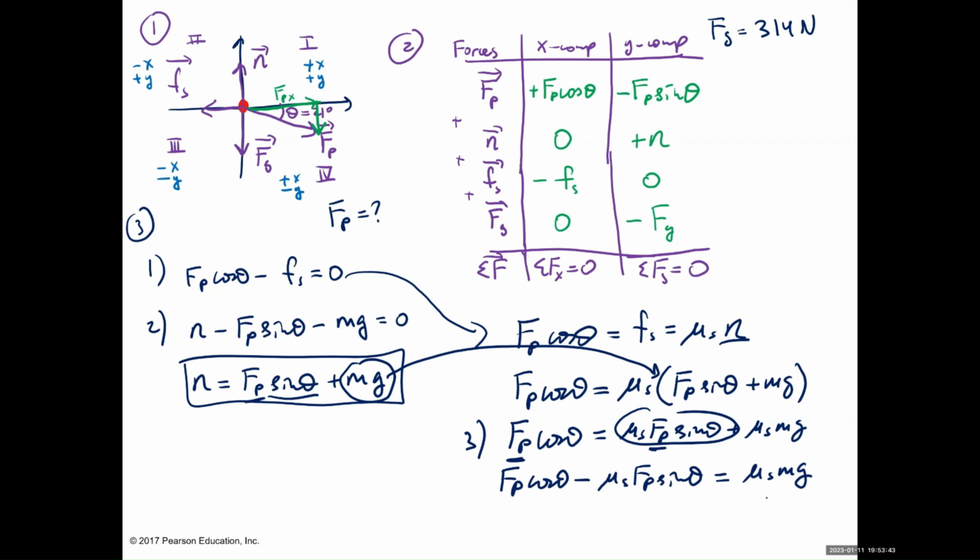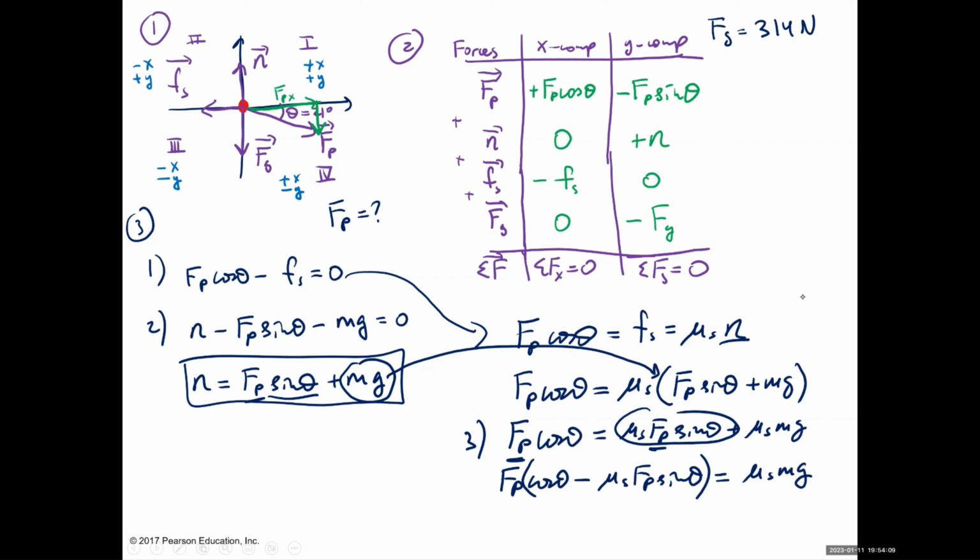All right. Okay, so the next step is, now I have two things on the left side that include F of p, so I will just factor out F of p. I have a question, well, more like a clarification, right? We used equation 2 to give N a value, right? So the N value was Fp sine theta plus mg.